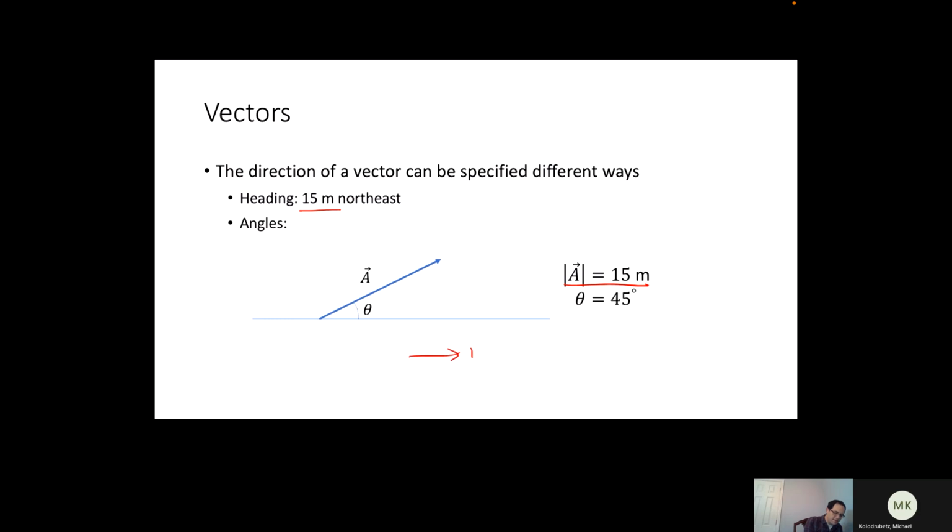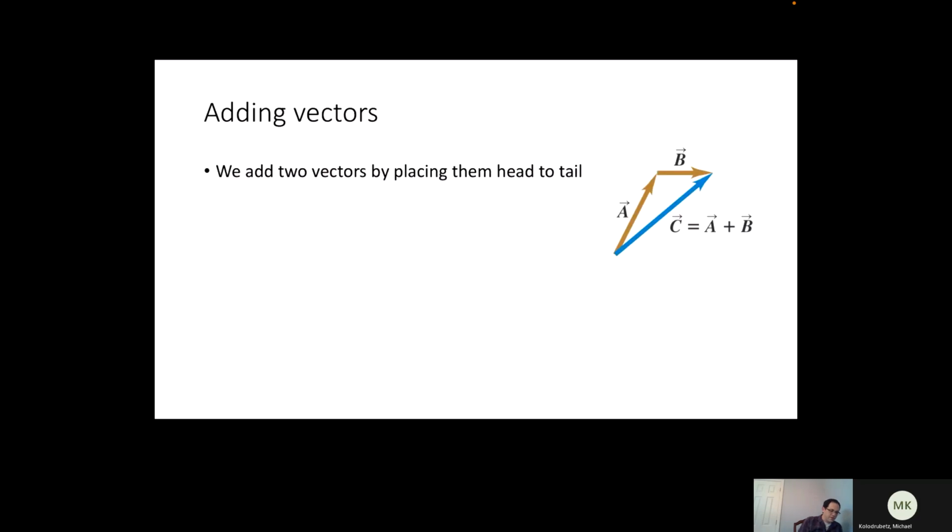So if this guy is east and pointing up is north, then theta is going to be 45 degrees north of east. And as you'll see throughout these lectures, we're going to use that more of the time.